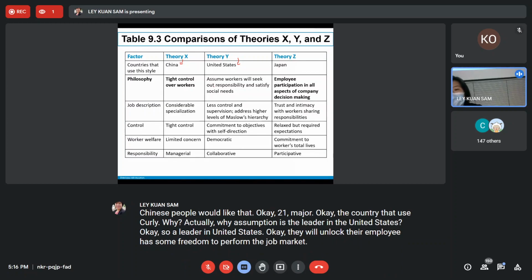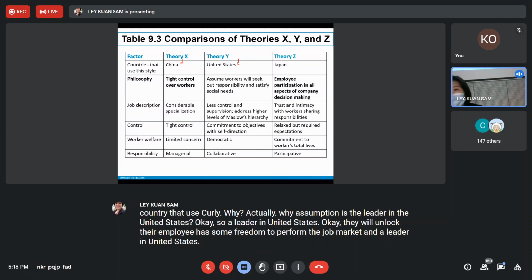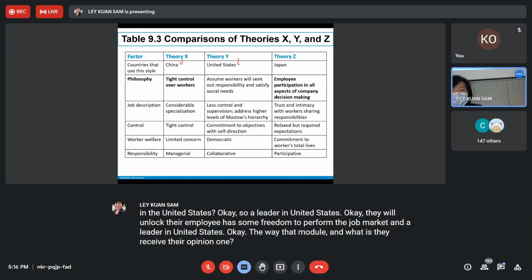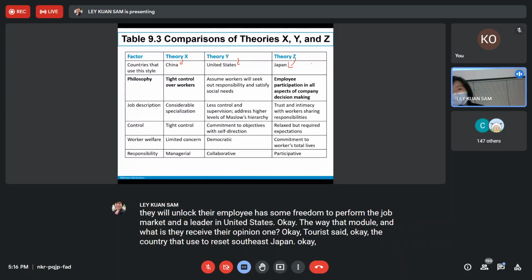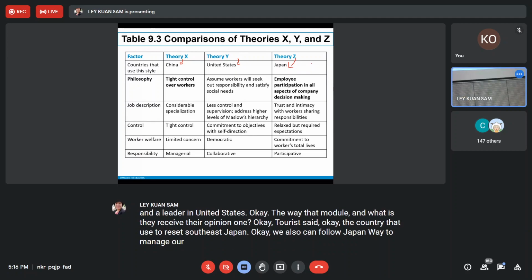And leader in United States, the way they motivate employees, they will seek their opinion. Okay, then Theory Z, the country that use Theory Z style is Japan. Okay, we also can follow Japan way to manage our company. Okay, so these are the comparison.